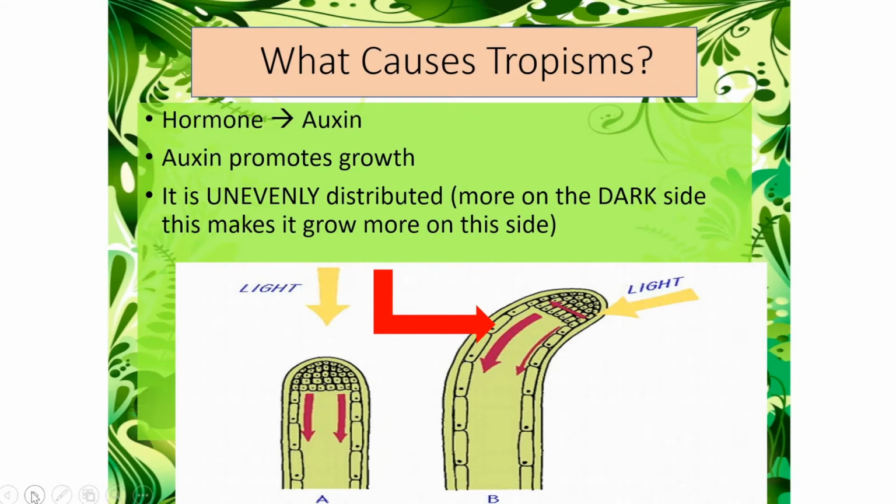However, if the light is unevenly distributed, so let's say in this diagram on the right, the light is coming in on the right-hand side towards the plant, the right-hand side of the shoot receives a lot of light, but the other side is in the dark, or is not as light. So what happens is we get more hormone produced on the dark side of the shoot, and this causes the cells to elongate more on that side, causing the shoot to bend over towards the light.